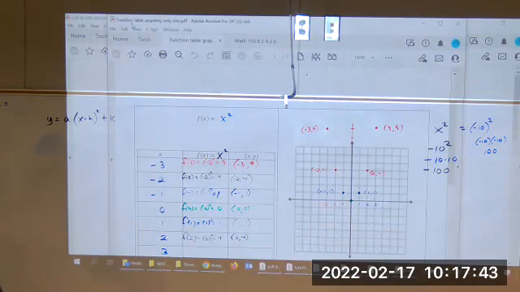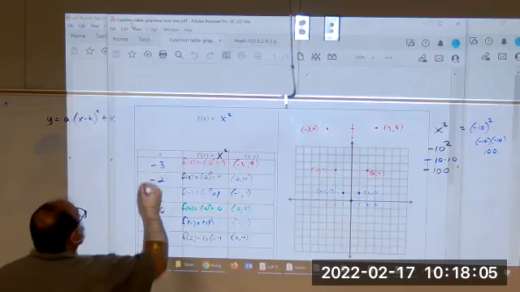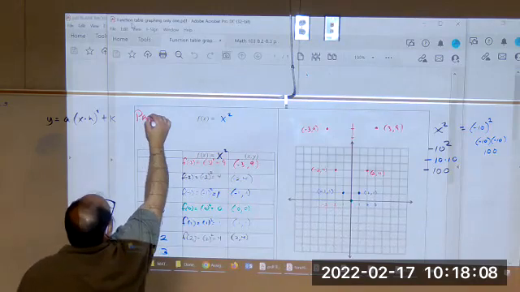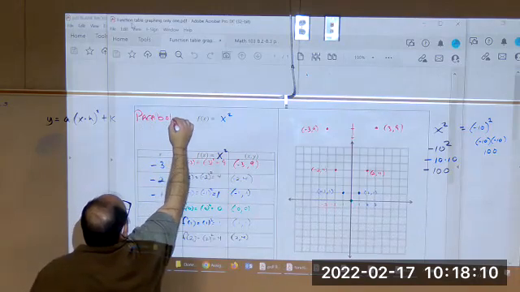Now, I'm perfectly fine once we get going to use symmetry. You still might have to plug in 1 or 2 numbers on a parabola, but then you can just use symmetry to get the other side. So the way a graph works for x squared, by the way, x squared is called a parabola.